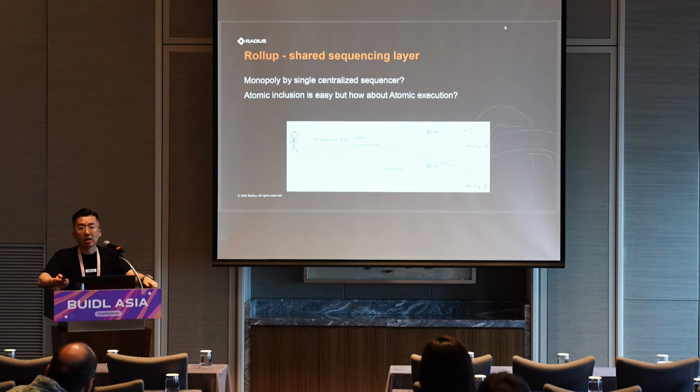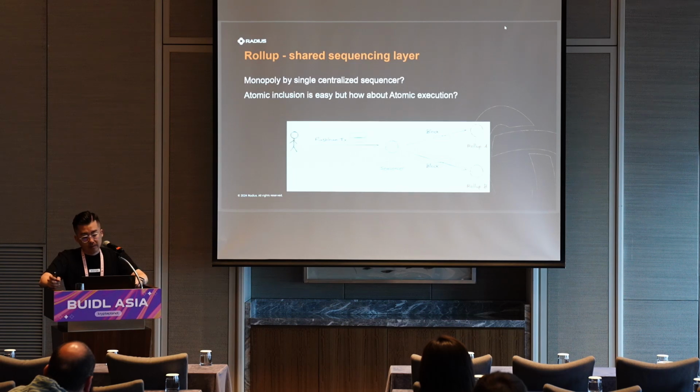But the problem, as you can notice, is that monopoly is a really bad word, especially in the blockchain space, which means there would be single, highly centralized sequencers if we want to support synchronous composability for many rollups. So there should be some way to mitigate the power of centralized sequencers, and Radius has its own way, which I will explain later.